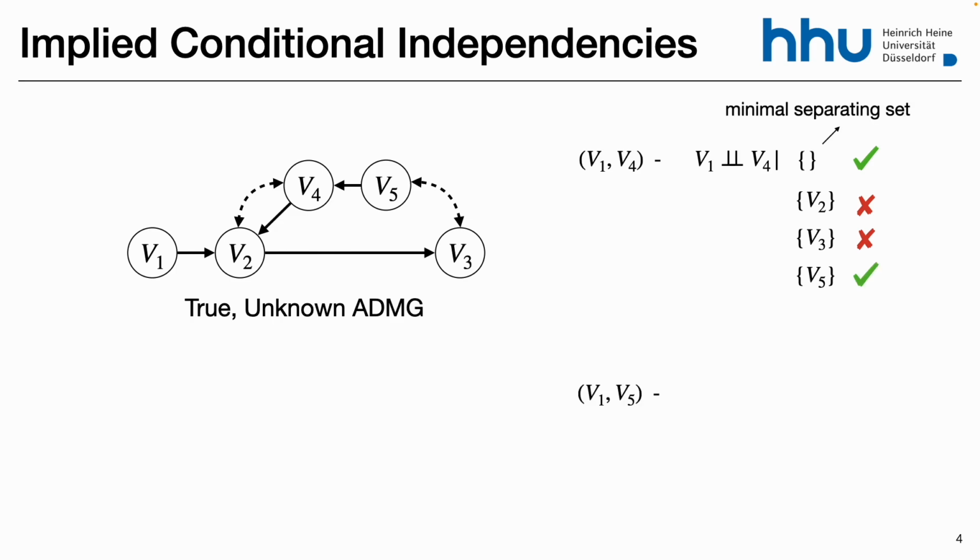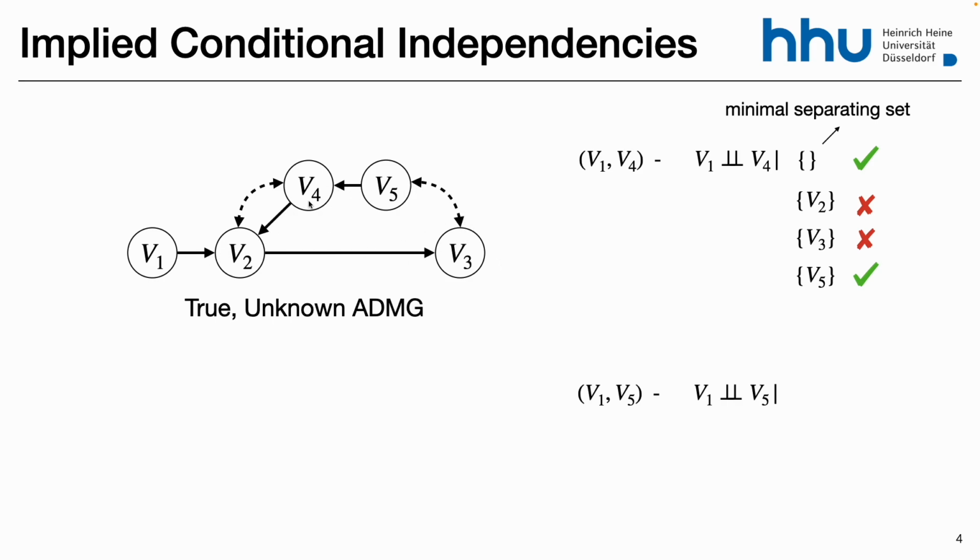Okay. What about V1 and V5? You saw already, but V1 and V5, it's kind of the same thing, right? V2 is a collider on the path, so the path is just a bit longer, and now the path here is shorter.